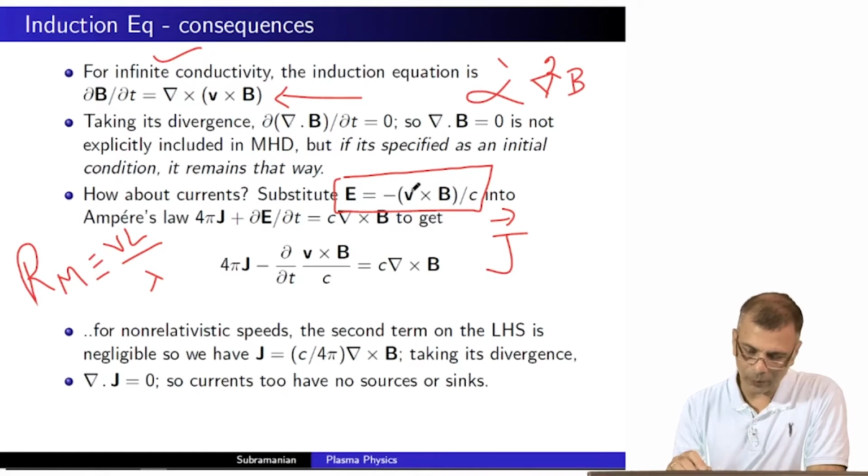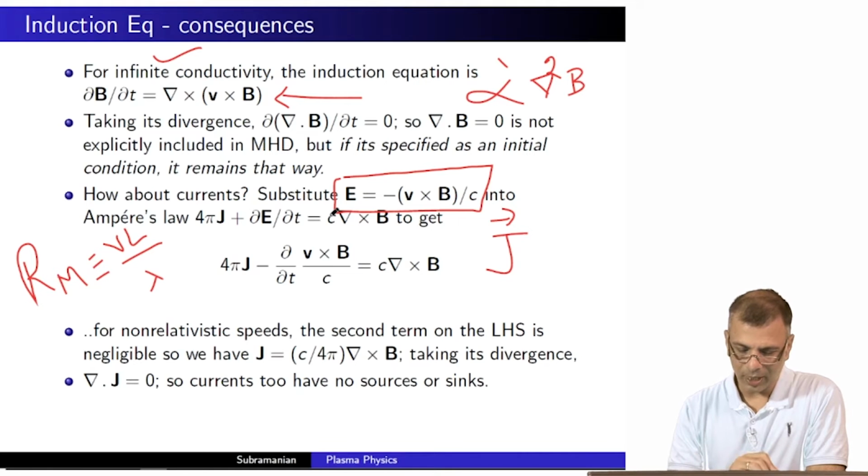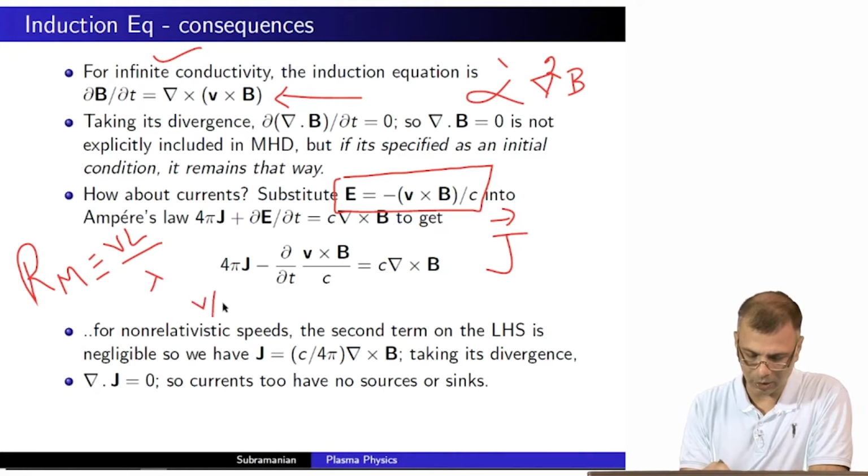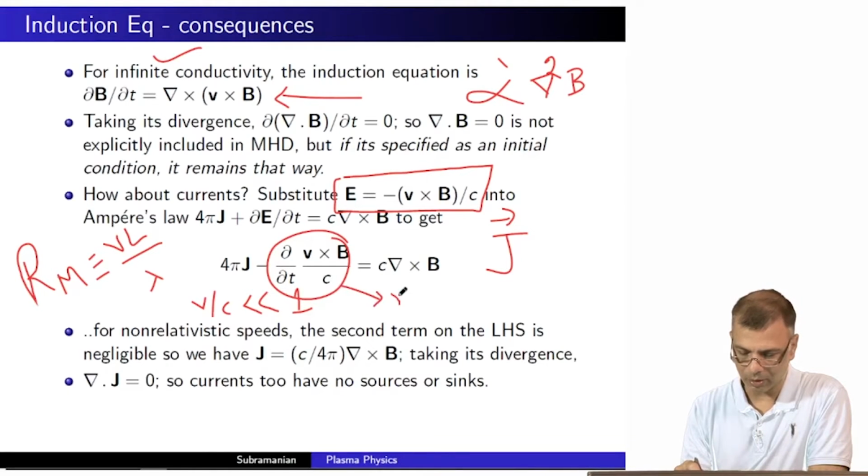Okay, so now we substitute this in Ampere's law to get this kind of an equation. For non-relativistic speeds, when V over C is much less than 1, this term is negligible, right?